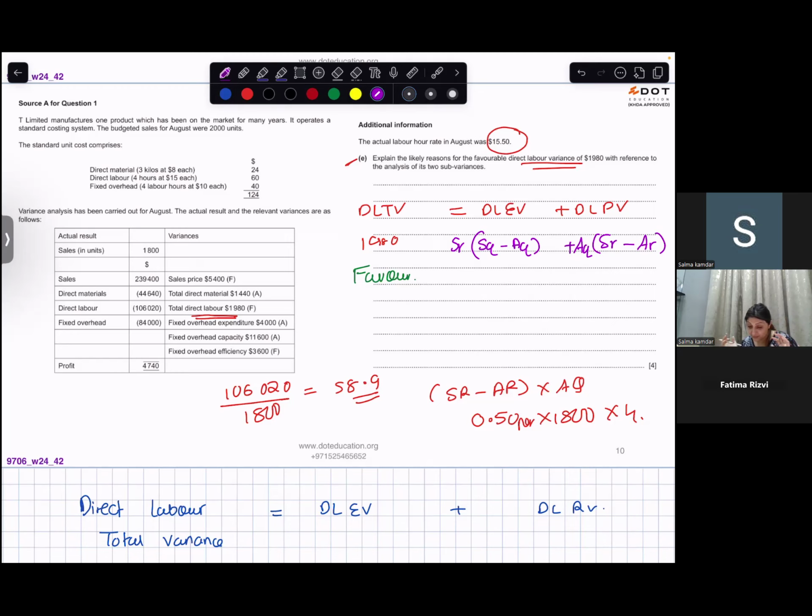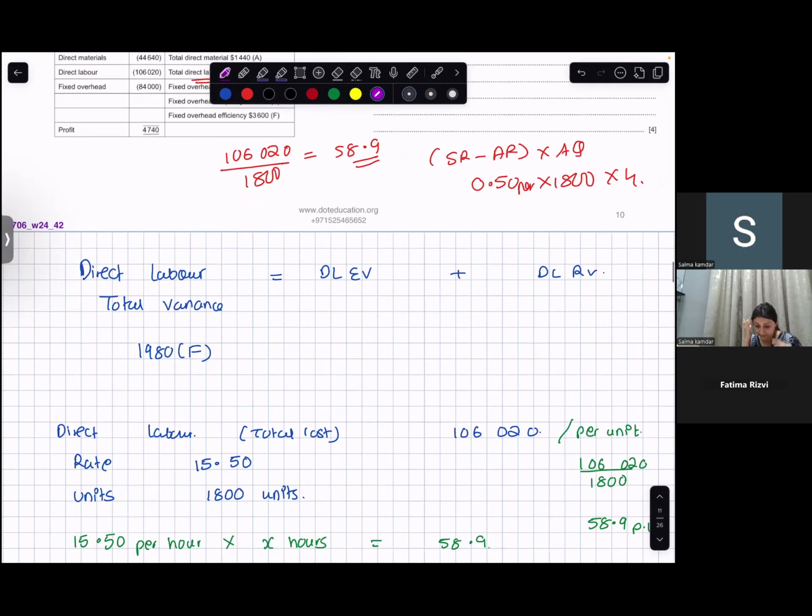So I will go ahead and find out my standard quantity and my actual quantity used.